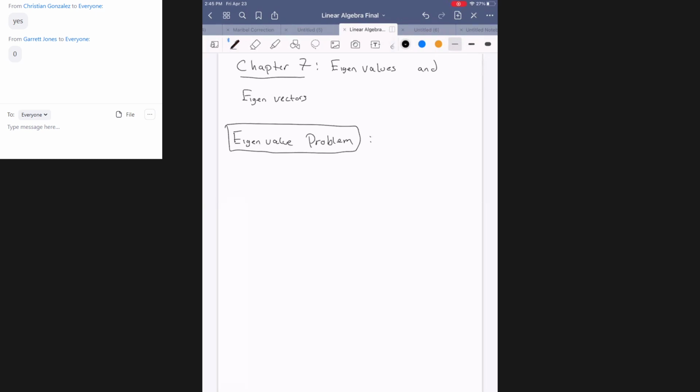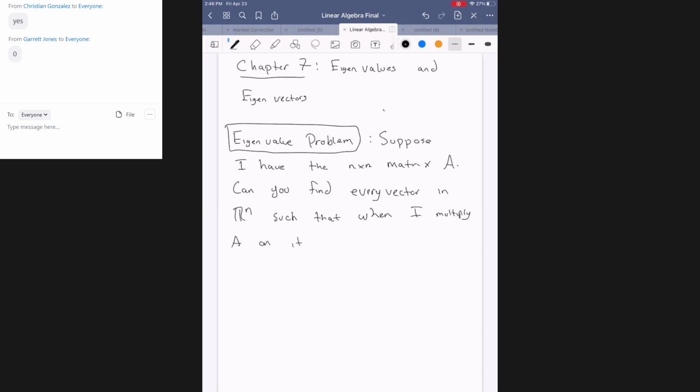But basically, this is the problem. Let's say I had a matrix A. Suppose I have the n by n matrix A. The question I pose now is this: can you find every vector in Rn such that when I multiply A on it, it will only scale the vector?